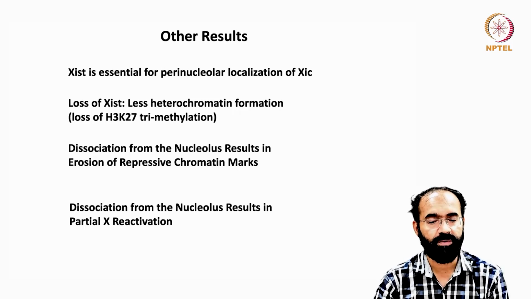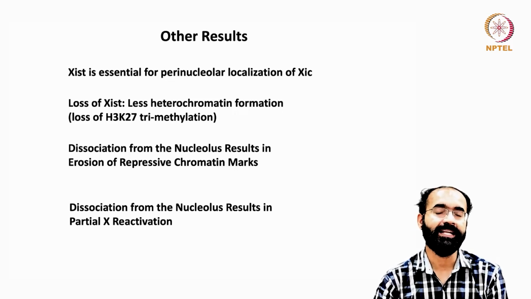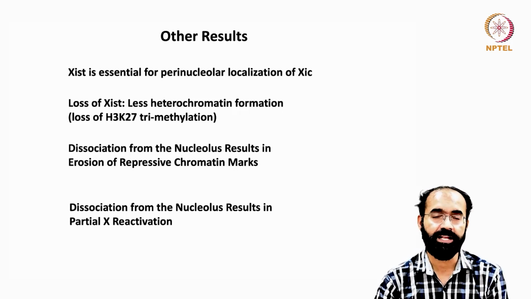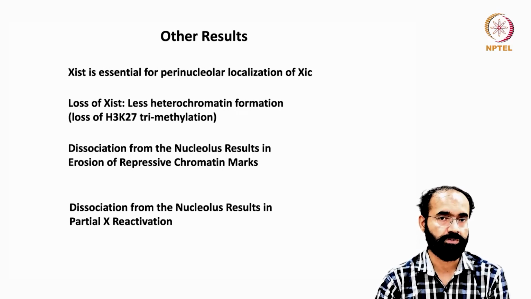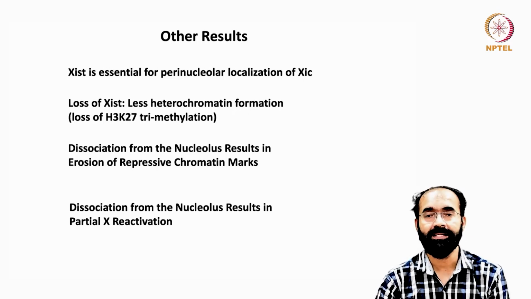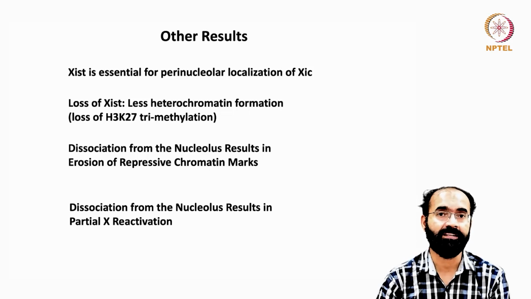So dissociation from the nucleolus results in partial X reactivation. What it indicates is that the inactive X chromosome's association with the nucleolus is not by chance but an obligation. It is necessary as a requirement. It is interacting, and if you prevent that interaction by chemical tools or genetic tools, you can make the inactive X chromosome reactivate partially.